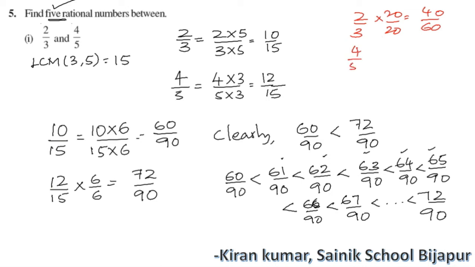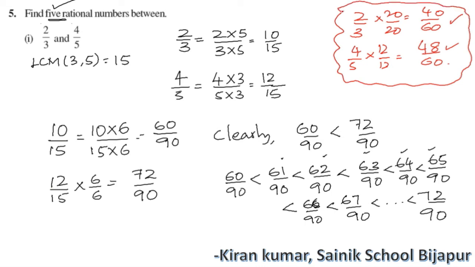This 4 by 5 I will multiply by 12 by 12, which is 48 by 60. Now between these two I have 41 by 60, 42 by 60, 43 by 60, 44 by 60. Like this also we can find the rational numbers between two rational numbers.